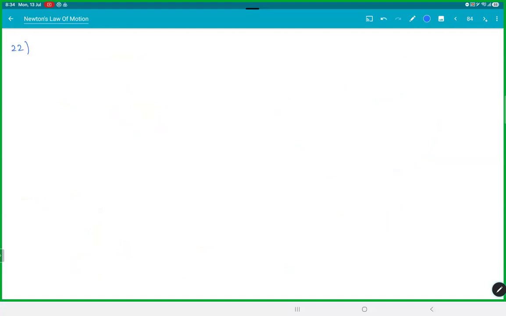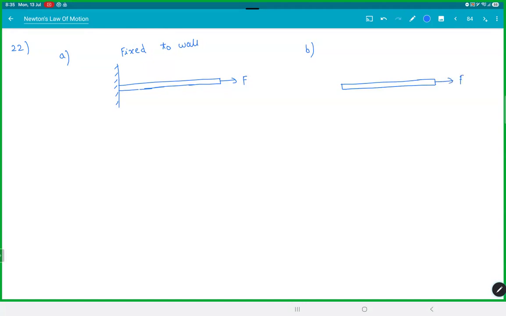So let me start with a simple thing. Let's say we got a rod here. This is fixed to the wall. And let's say you're applying force F. We have the same rod, but this time there are two forces F. Simple question.